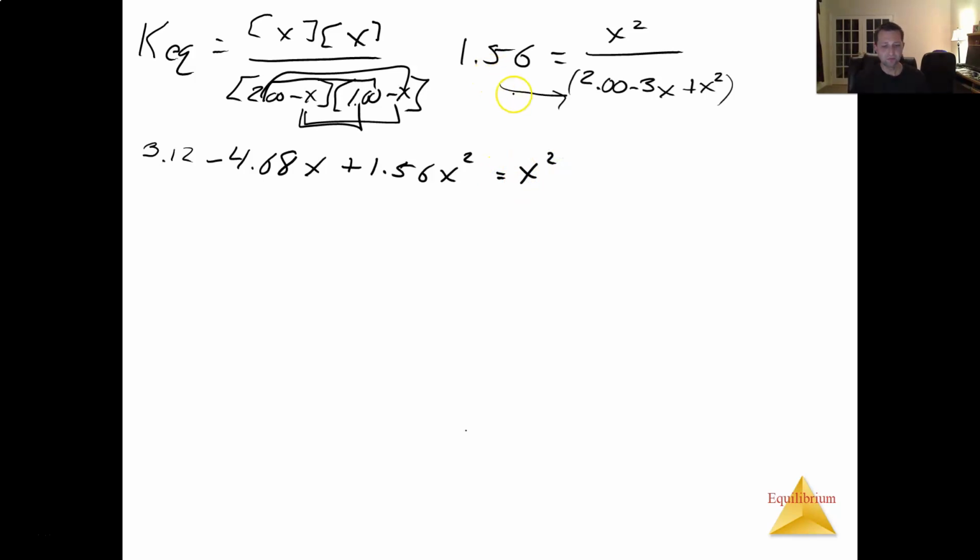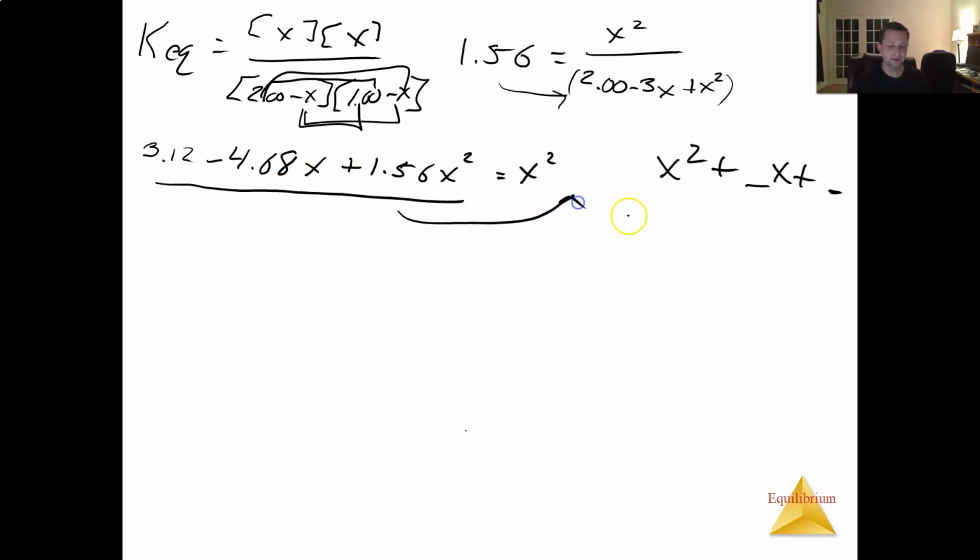Okay, so I did 1.56 times 2, 1.56 times negative 3, and then 1.56 times the x squared there. This is what I get. I need to simplify this even more because I need to have it in the form of x squared plus something x plus something, right? So I'm just going to bring all of this stuff over to the right.